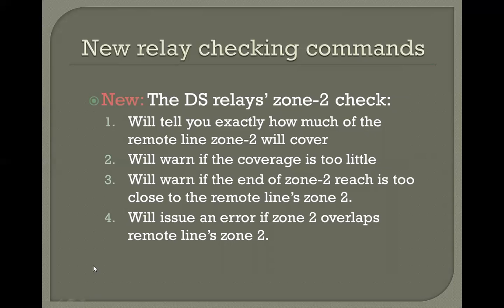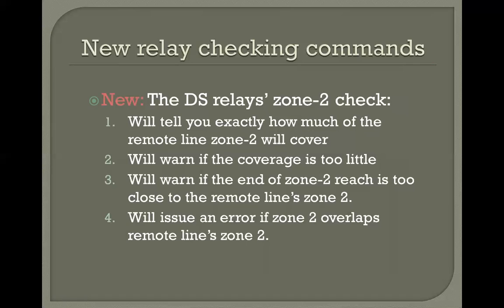Okay, and back to here, item number 2 will warn you if the coverage is too little. Now, some people may or may not care how far the zone 2 will go. If you don't care, you just say the limit is 0, and it won't warn you. But if you do care, you can put like 5%, so if the coverage is less than 5%, it will warn you. So it's all up to you.